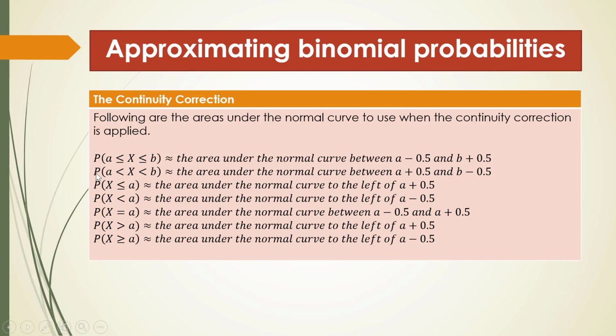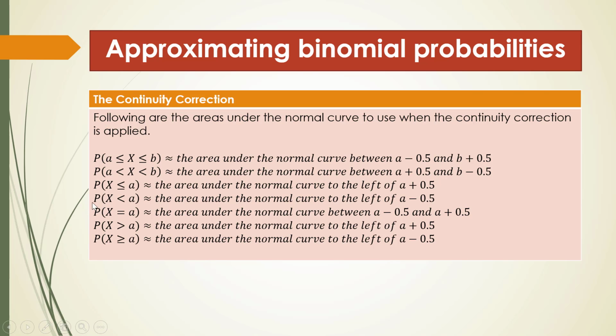The probability that a is strictly less than x and strictly less than b is the area under the normal curve between a plus 0.5 and b minus 0.5, because we don't want to include a and b. The probability that x is less than or equal to a is the area under the normal curve to the left of a plus 0.5, because we want a to be included, so we make the upper limit a plus 0.5.